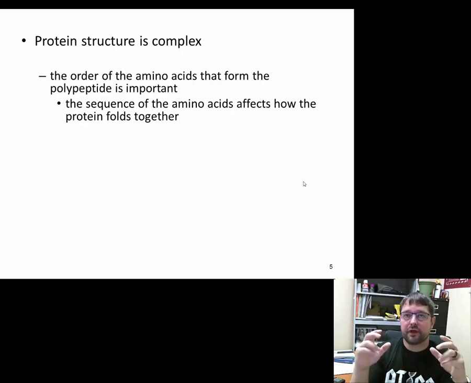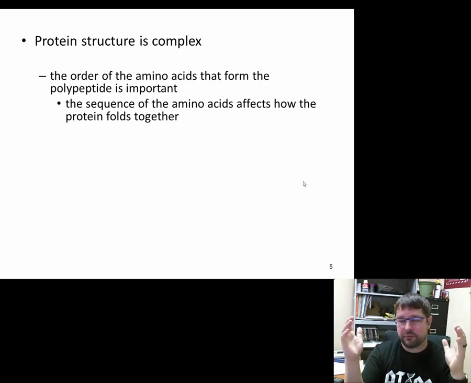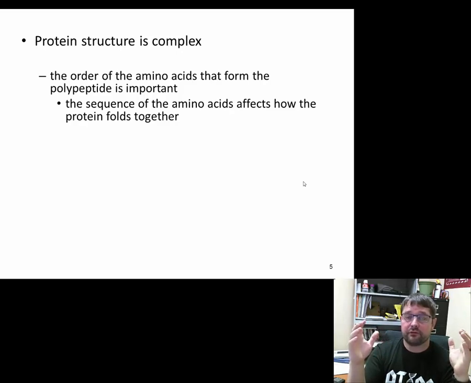The other thing that's interesting is even though there's only 20 amino acids, there are probably 150,000 proteins described so far, maybe a few less, maybe a few more, on this planet. So we know that there's about 150,000 different proteins.